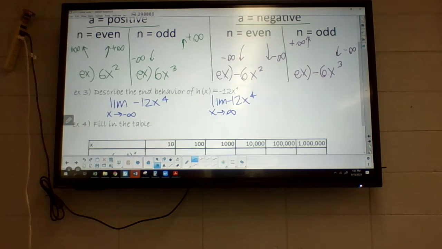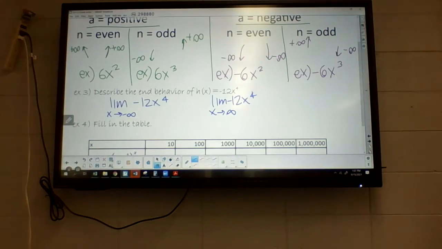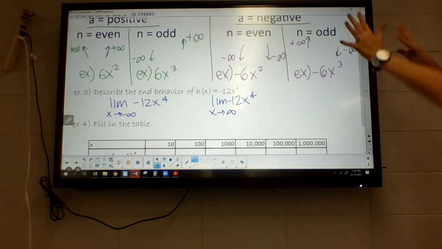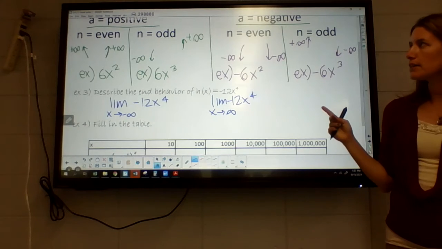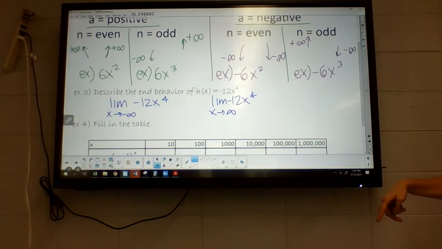Now we're going to check it with graphing in a second, but I want you to just try it without. So is my A value positive or negative? In this case, negative. It's negative, so we're in this region here. Is my exponent, my power, even or odd? Even.